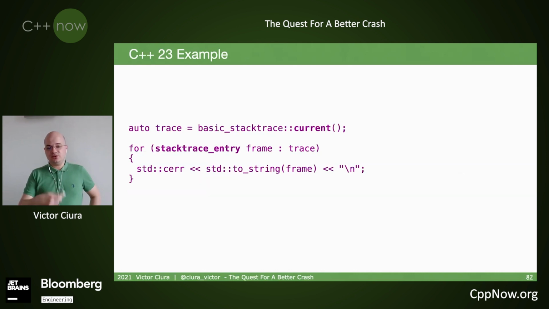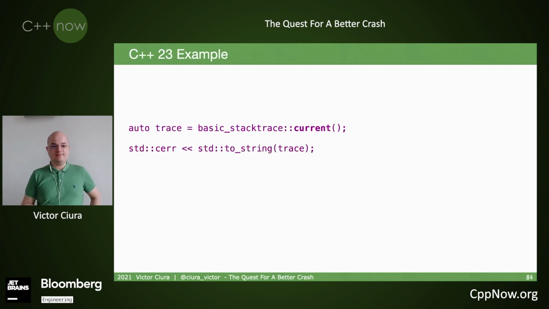So you can even shorten it even more and use toString, which is overloaded for a stack trace entry, or even more, you can use the put2 operator, which is defined for stack trace entry, or even simpler, use toString and pass it the whole stack trace if you don't care about how it's formatted, and you're just happy with the default formatting there.